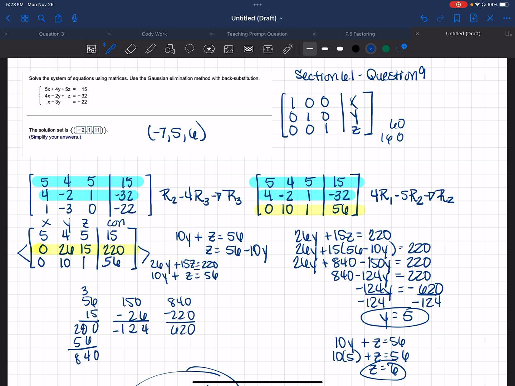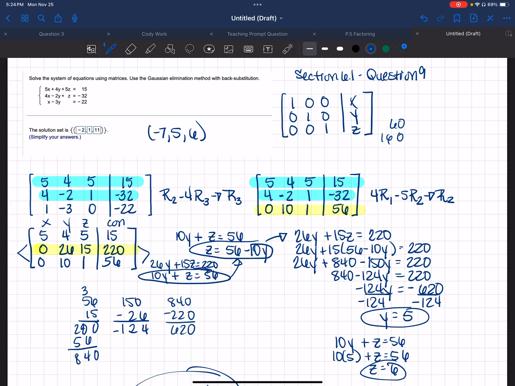So what I'm going to do is take this one right here. We already have z pretty much by itself, I already have it to 1z. And I'm going to change that into z equals 56 minus 10y. Now I'm going to take that and plug that into 26y plus 15z equals 220. So everywhere I see a z in there, I'm going to substitute in 56 minus 10y.